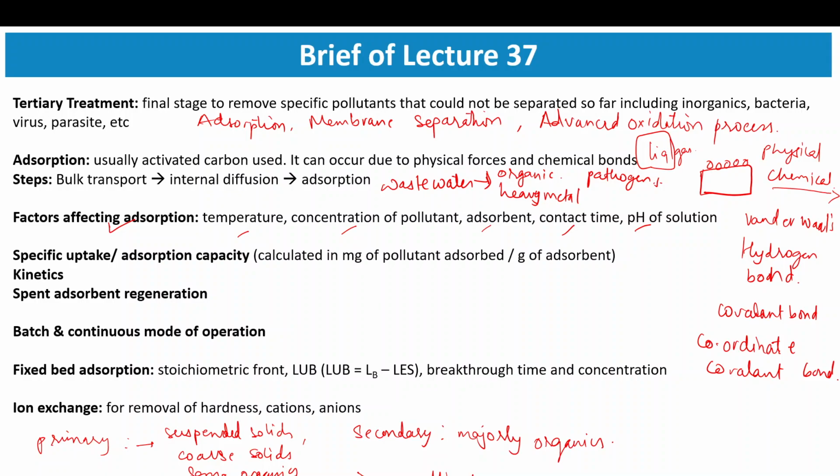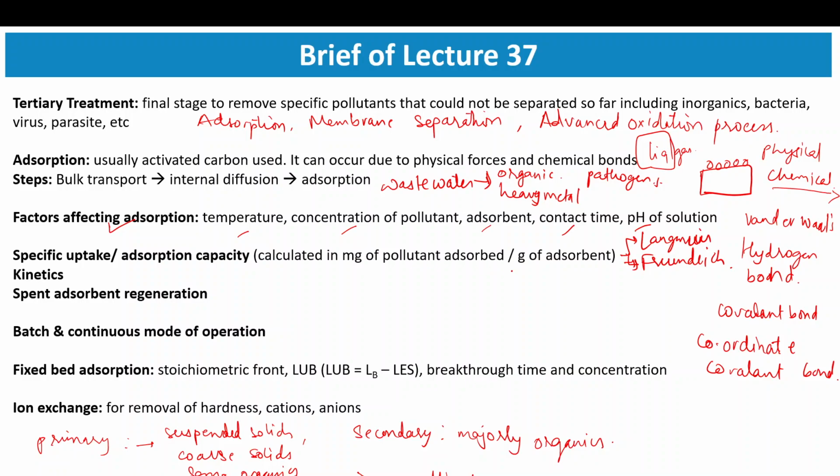And for specific uptake calculation, there are various isotherms which are discussed during the class. For example, Langmuir, Freundlich, and there are many more, for example, Temkin or DR. But majorly, Langmuir or Freundlich are the ones which are used.